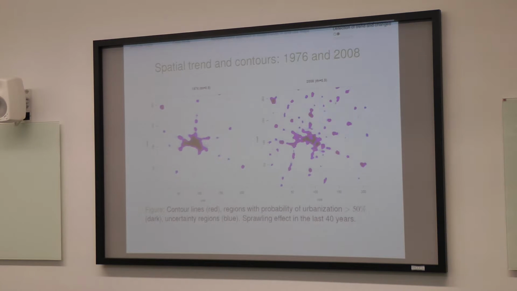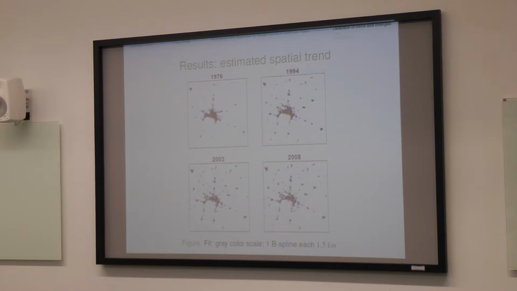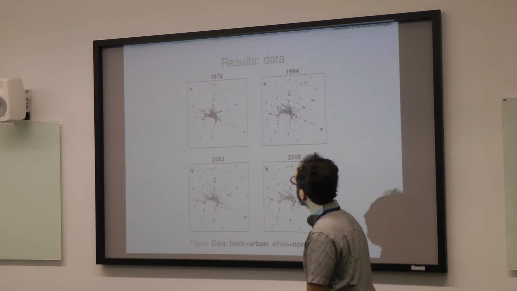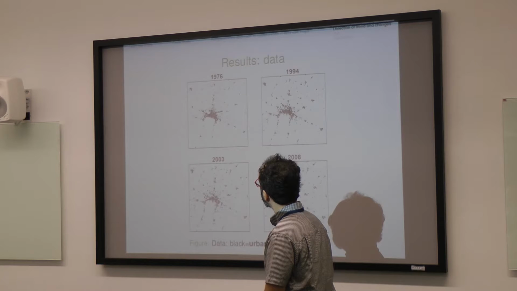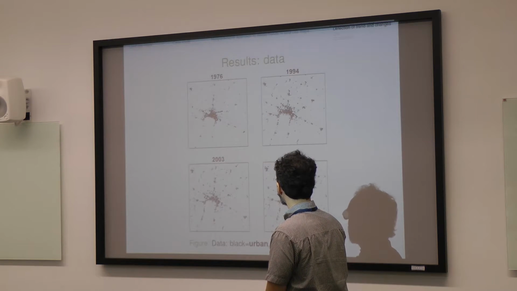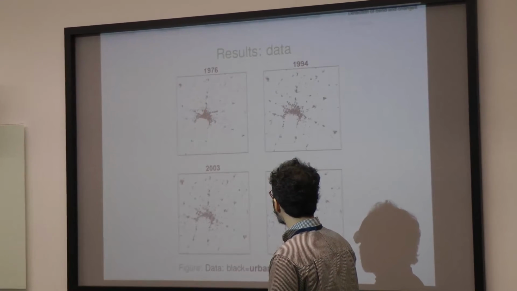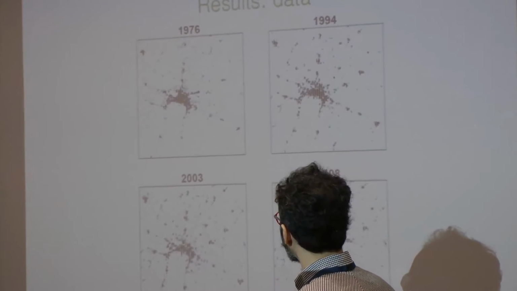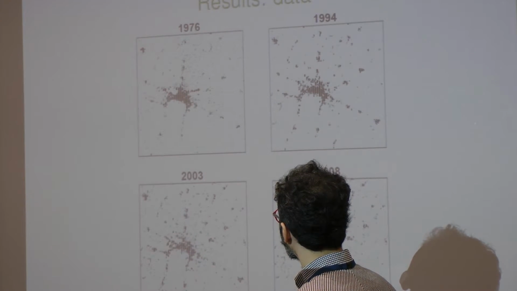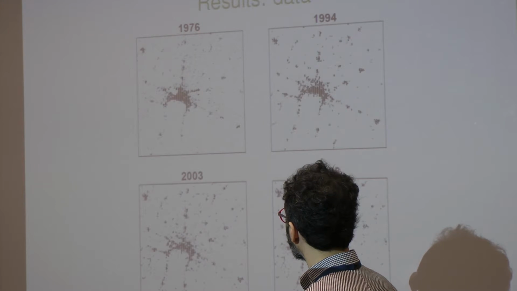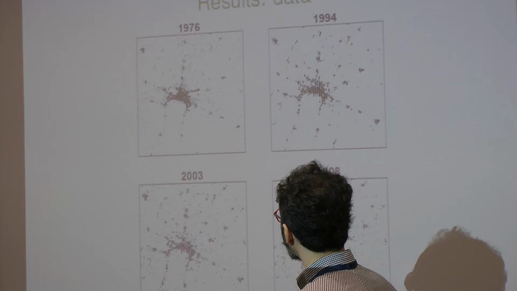Some of the earlier graphs, we had four where you showed the history. It looks to me like some of the central areas in 1976 are less urban in 2008. So if you switch the colours on your later graph, where you had the black and the grey, you could see which areas were more urban in 1976 than they are in 2008.